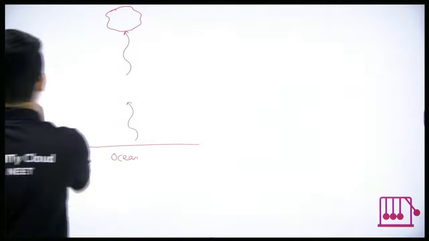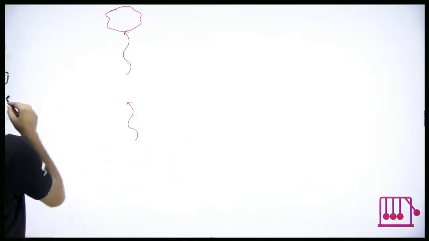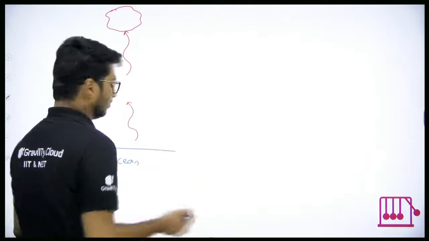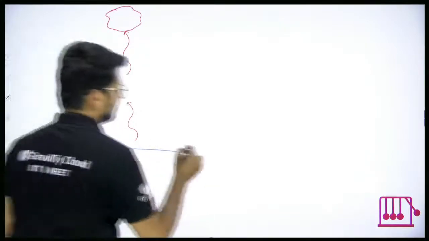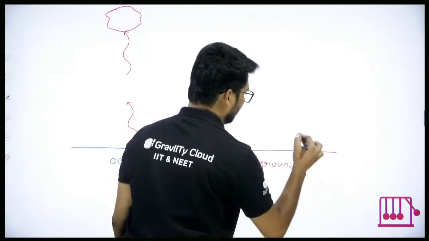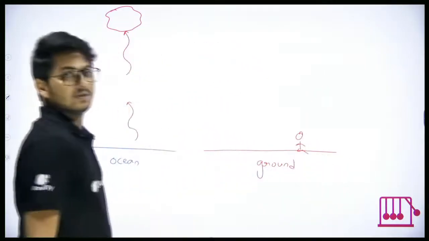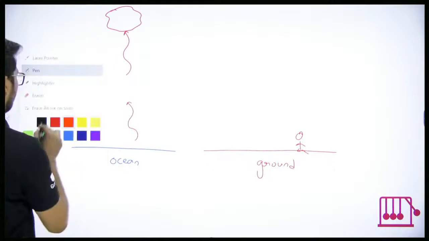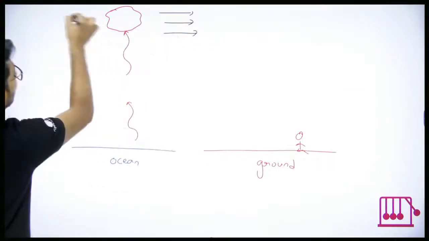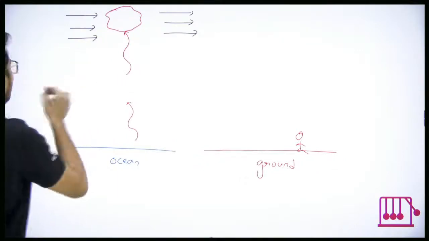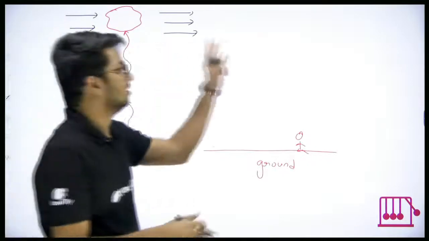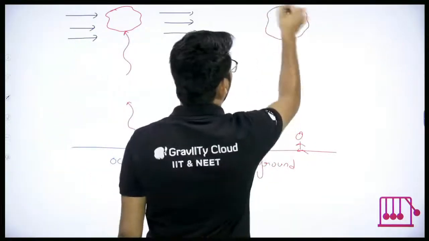So if this is ocean surface, any water body, and let's say this is solid ground where we are. Because of the winds, what can they do? They can push the clouds, and the clouds are dragged along with what?